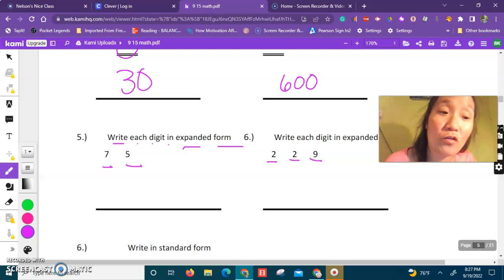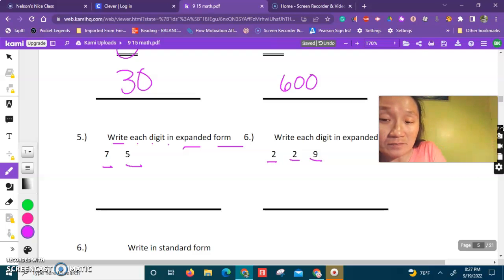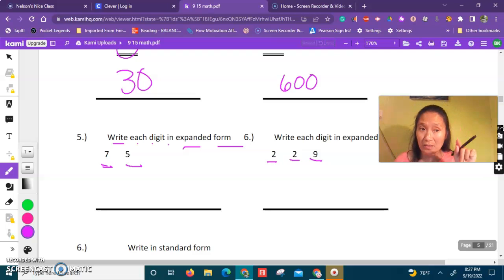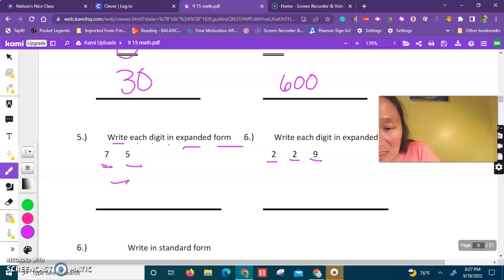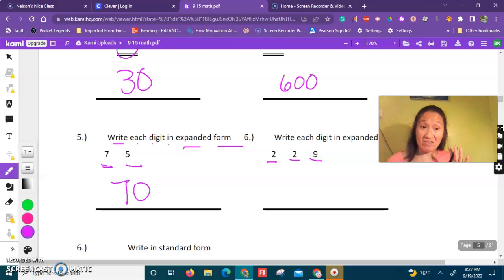This 7 is sitting in the tens place, so each piece of paper is worth 10. 10, 20, 30, 40, 50, 60, 70. I have 70.